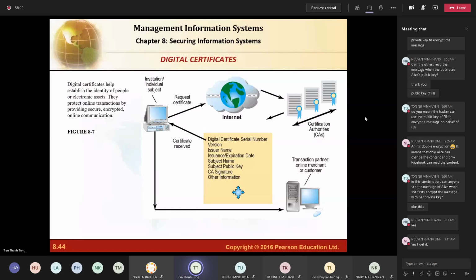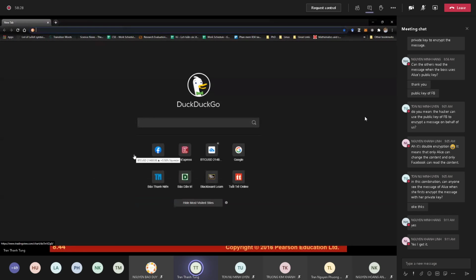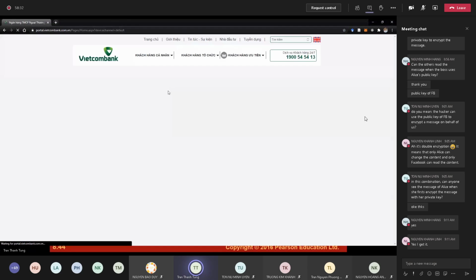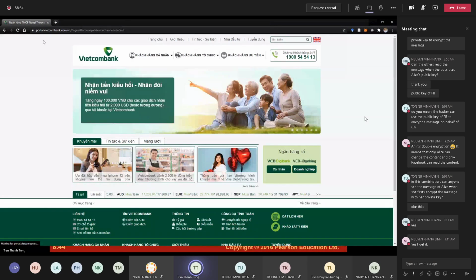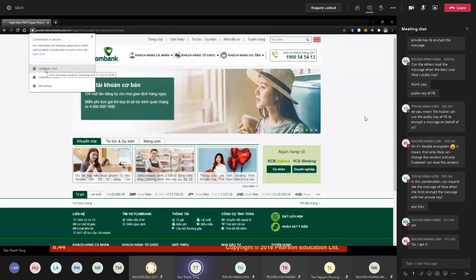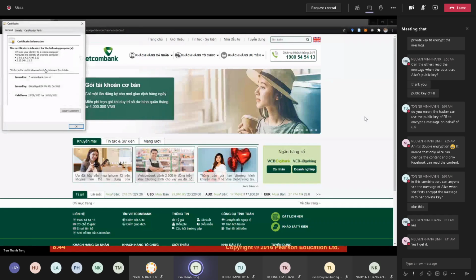Now I will show you. Let's say Vietcombank. You see Vietcombank, the message says it is secure, and we can show the certificate. I don't know if you can see it.